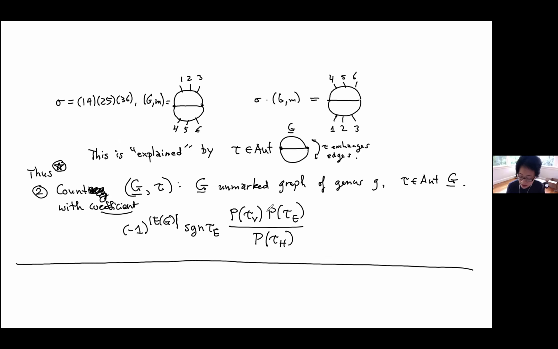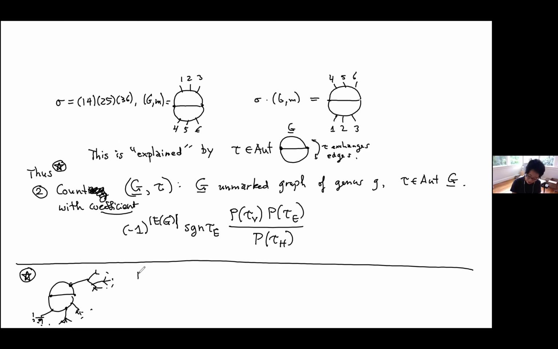Okay, so let me postpone explaining exactly what this expression is and justify this a bit more. What do these marked graphs G, M look like? I gave you a picture of a very friendly one, which just looks like you sprinkled marked points on an underlying stable graph of genus g. In general, they could look very, very complicated. Like if you have a genus 2 graph with 1 million marked points, it almost surely has some very tricky trees of marked points coming off of it.